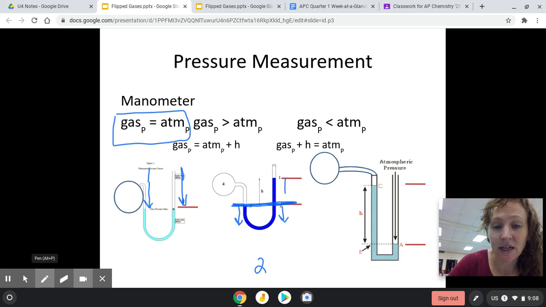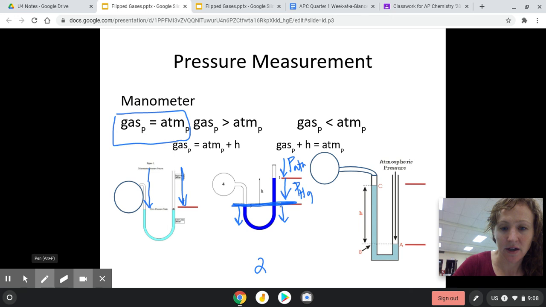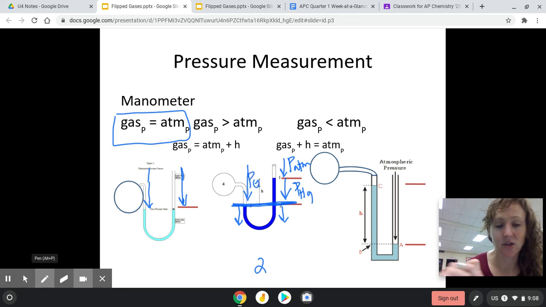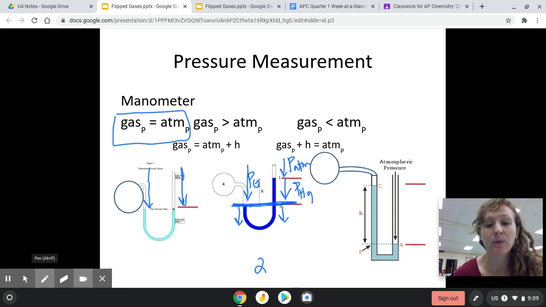But we have to take into account this extra tube of mercury. So we have pressure of our mercury on this side along with pressure of our atmosphere. And that side is going to be equal to the pressure of the gas on this side. So which one is going to be greater? The pressure of the gas pushing out of our reaction or the pressure of the atmosphere?